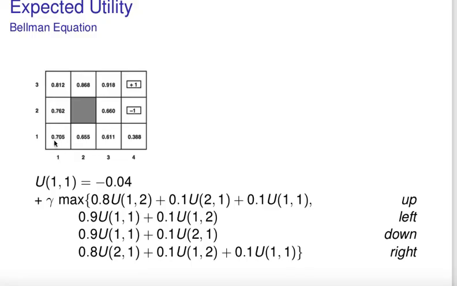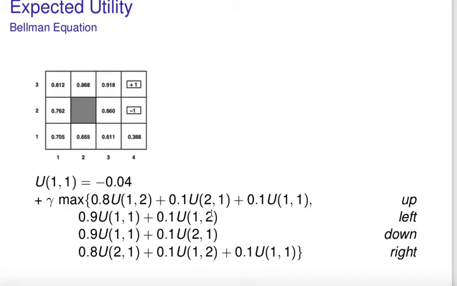So 90% of the times I'm going to stay here, right? 90% of the times plus the utility of 1,1. And 10% of the times that I go to 1,2. Right? So I'm here, I wanna go left. I'm sorry, 1,2 here. I wanna go left. I have 80% of a chance hitting that wall, 10% of a chance hitting that other wall, which means that 90% of the times I'm gonna stay in the same place, and 10% of a chance to go up or right.